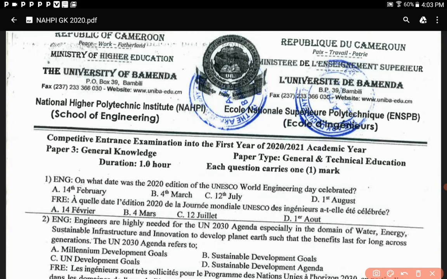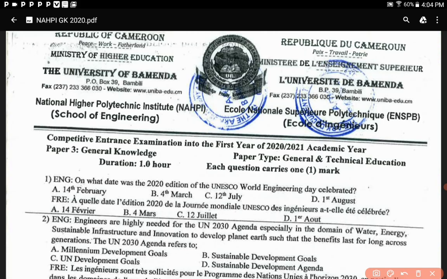UNESCO and the international engineering community observe an international day for engineering, otherwise known as World Engineering Day, and it was celebrated on the 4th of March as an engineering day on the theme World Engineering Day for Sustainable Development.